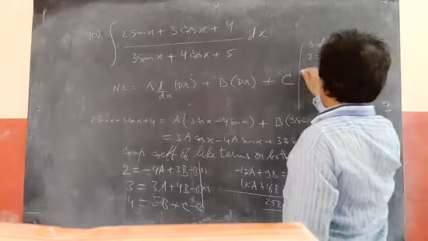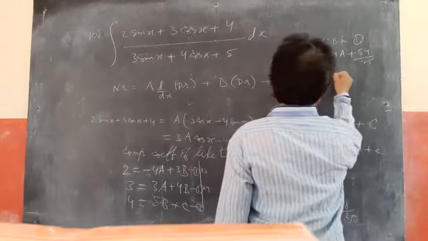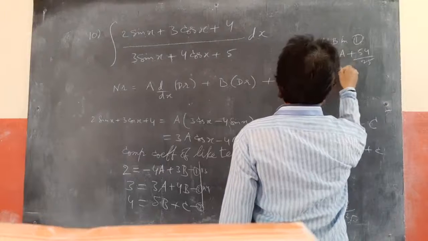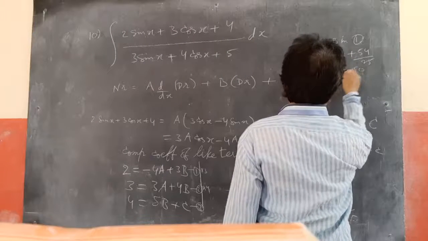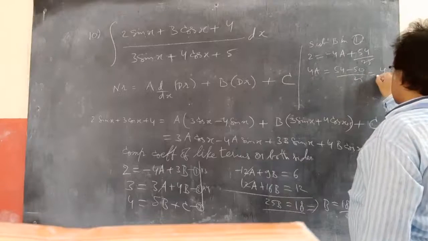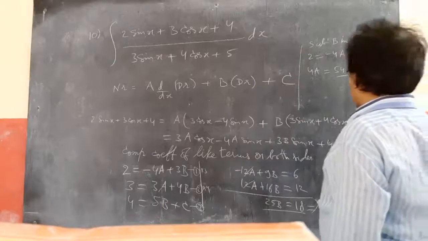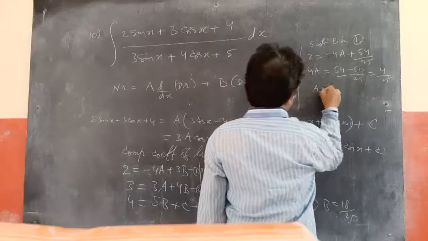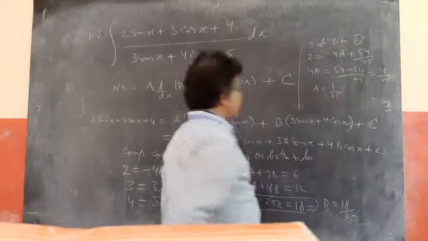Now take minus 4a to this side, and 2 to the other side, minus 2. 54 minus 50 by 25, so 4a equals 4 by 25. So a equals 1 by 25.